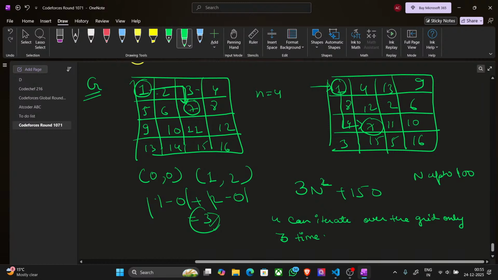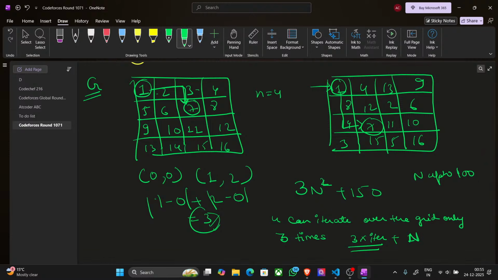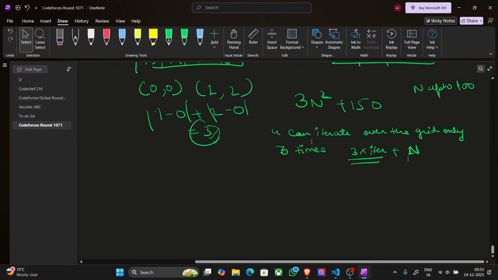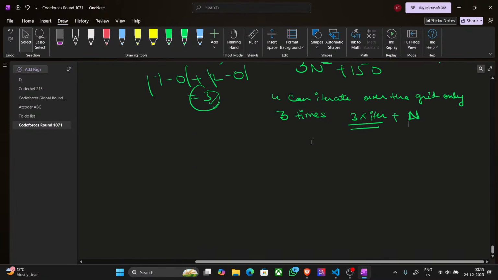Because the size of the grid is n square, so you can do 3 iterations plus a single iteration of n. So this is the maximum time complexity in which you have to solve this problem.